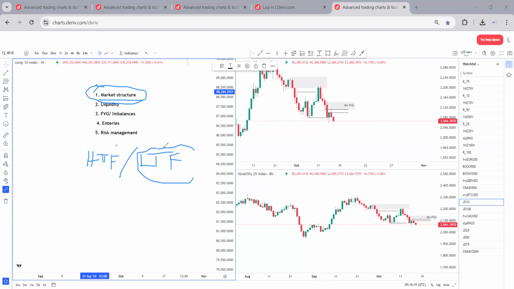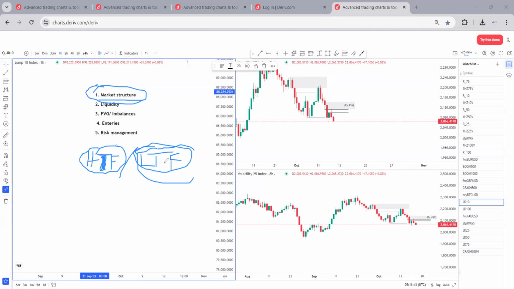Let's look at the higher time frame as the bigger picture. Now, if you want to break the bigger picture down, you have to go to the lower time frame.